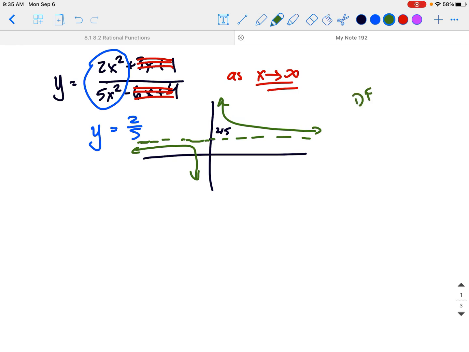And so these are definitely great things to verify on Desmos. So I would play around with some Desmos rational function equations to see what happens with them.